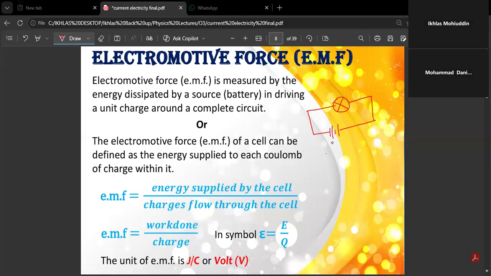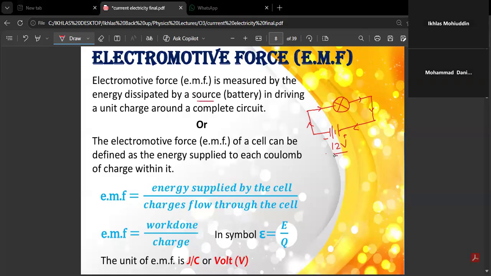This is the battery of, let's suppose, 12 volts, right? So this battery has some energy. That energy is used to push electrons in the circuit, right? It is measured by the energy dissipated by the source.